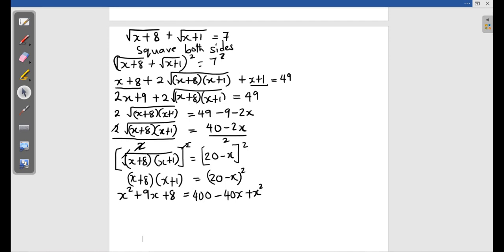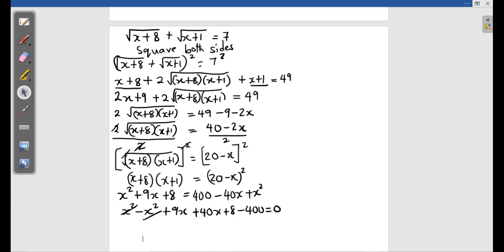So next thing we do is to try to collect like terms. So we'll have x squared minus x squared plus 9x plus 40x plus 8 minus 400 is equal to 0. x squared minus x squared will give us 0.